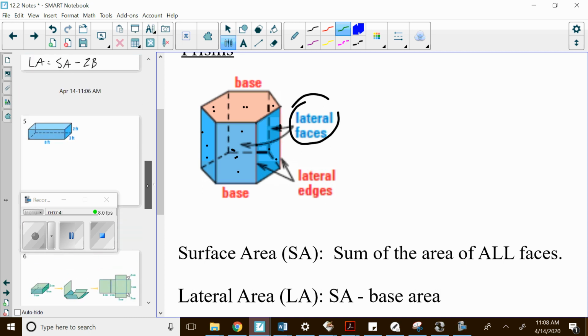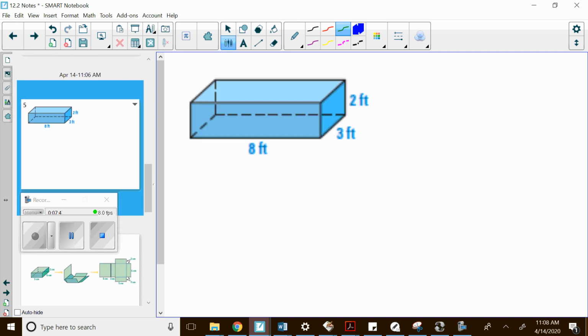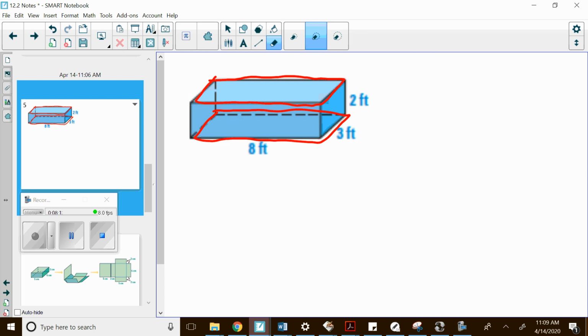Let's do this for a rectangular prism. If I ask for the surface area of this, first of all, a rectangular prism is unique. You actually have options for what you want to call your bases. This thing's already sitting on the bottom face, so my eyes see this as a base, and this would be the other base. But in a rectangular prism, you have some freedom.